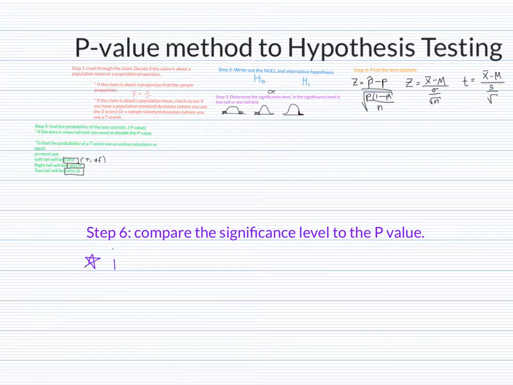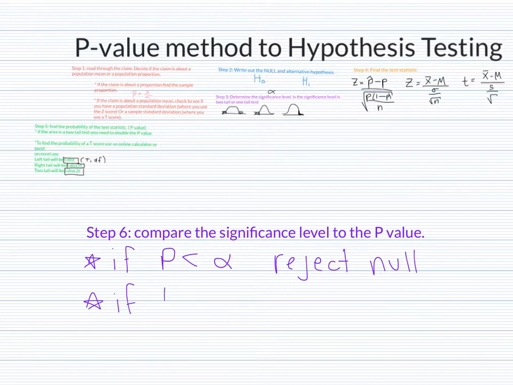If our p-value is less than our alpha, meaning our probability of our test statistic is smaller than our alpha, we will reject the null. If p is greater than alpha, we fail to reject the null.